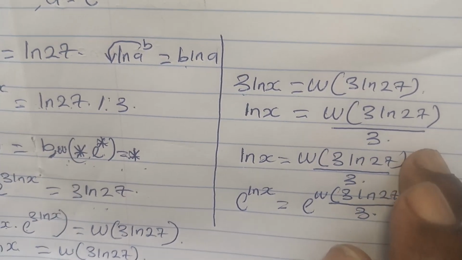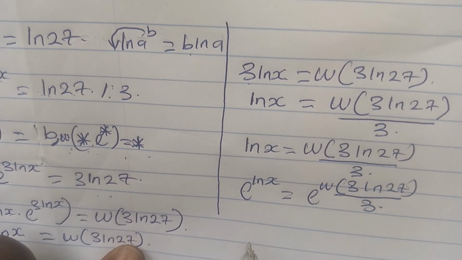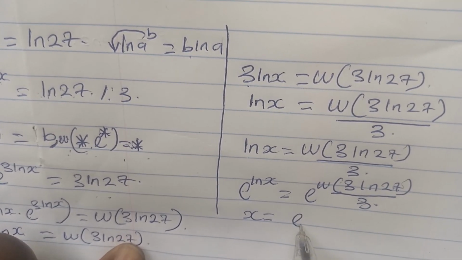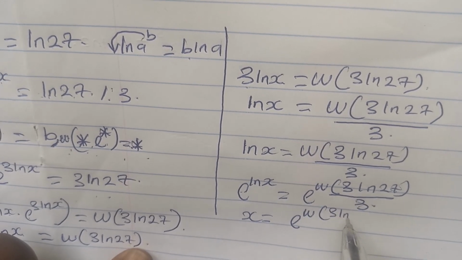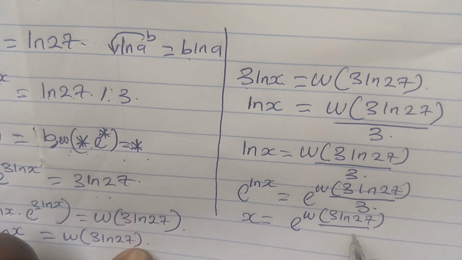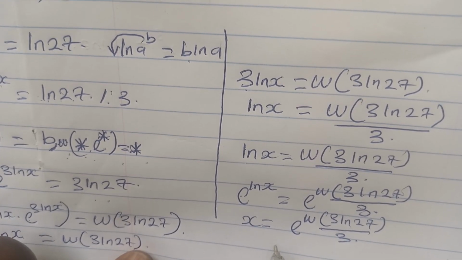Having done this, this exponent will cancel this ln. So therefore our x is equal to e to the Lambert W function of 3 ln 27 over 3. This is the value of x.